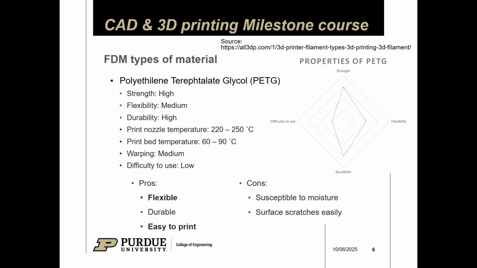So it's important to dry your filaments, especially those most susceptible, like PETG. PLA is not as bad; you can typically get away with not doing it. Keep that in mind. You can't see these numbers, but if you look at the slides, you'll see the temperature ranges increasing here.